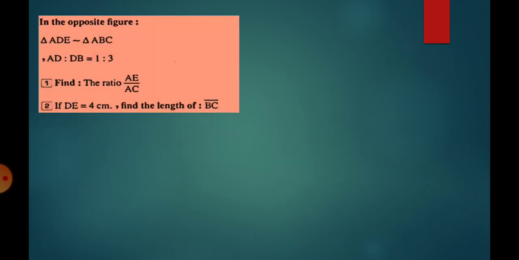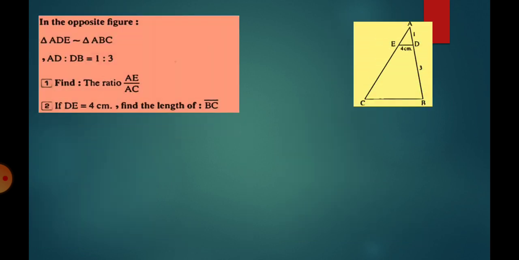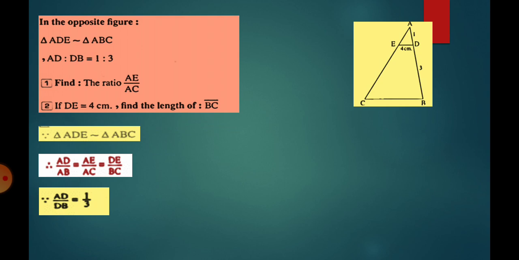Example number 3. In the opposite figure, the two triangles are similar, and the ratio between AD to DB equals 1 over 3. AD is 1 part, DB is 3 parts.